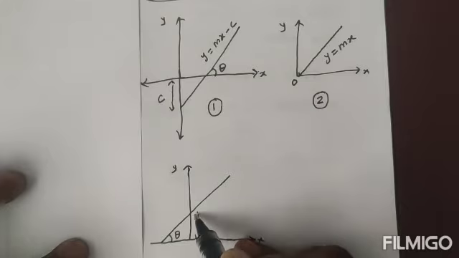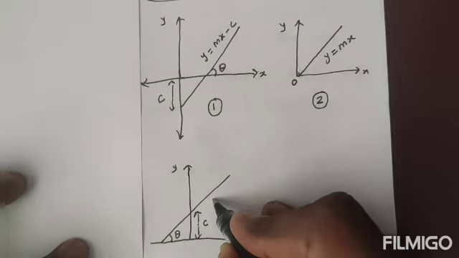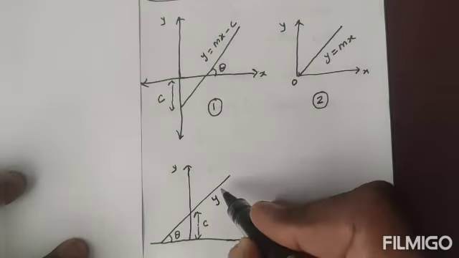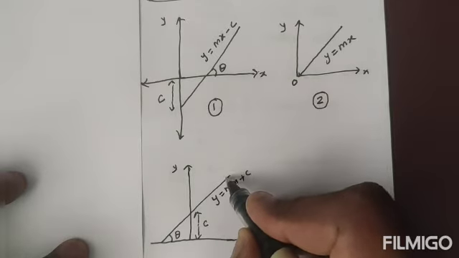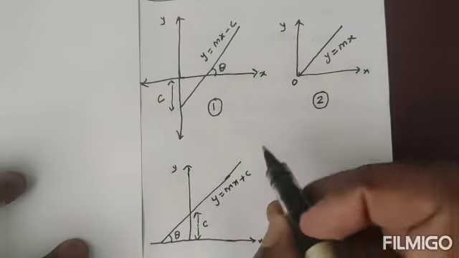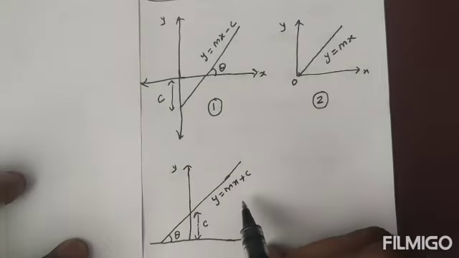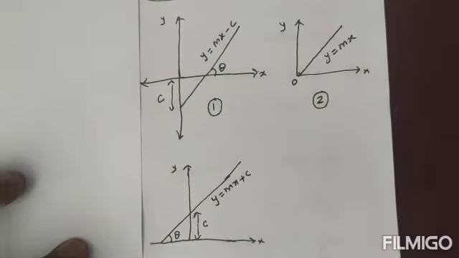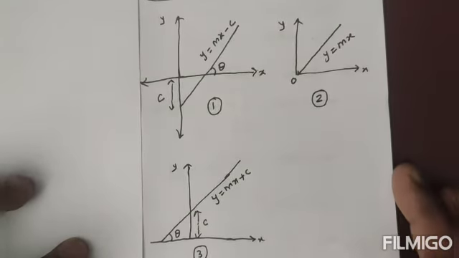This gap we call c. Here c is present on the positive y-axis, so c must be positive. So this equation is y equal to mx plus c. Before it was y equal to mx minus c, but here plus c. Okay, so this is also a straight line equation alone. This is graphical diagram number 3.